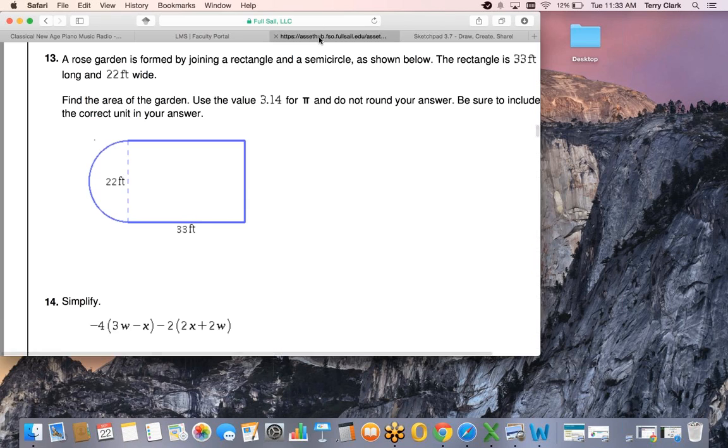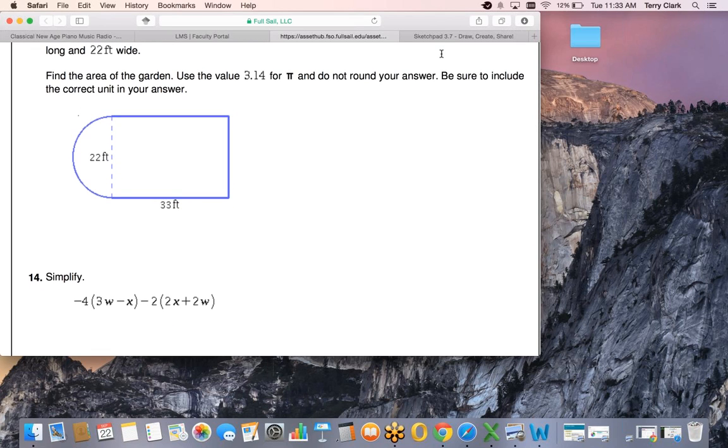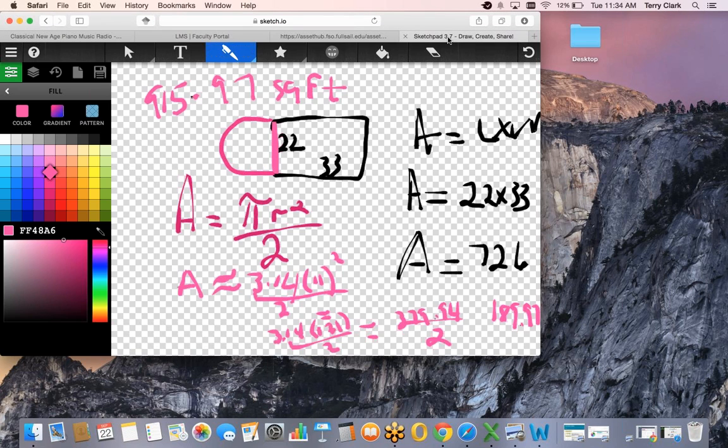Okay, so let me look and make sure I got it all. It says be sure to include the correct unit in your answer. So we took the area of the rectangle, which was the length times the width, 22 times 33, and came up with 726. We took the semicircle, which is the area of a circle, pi r squared.